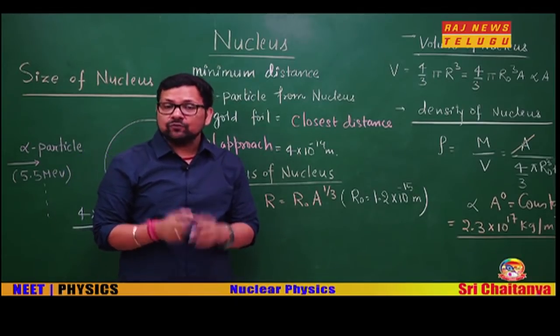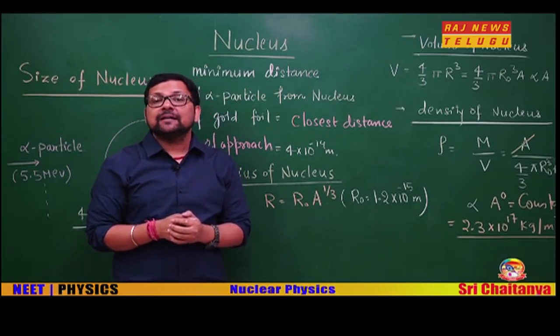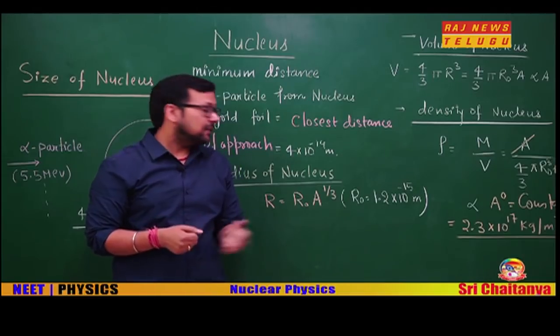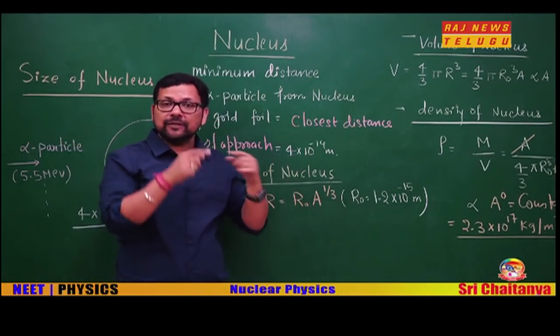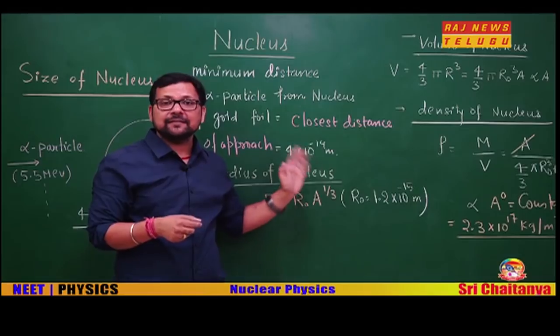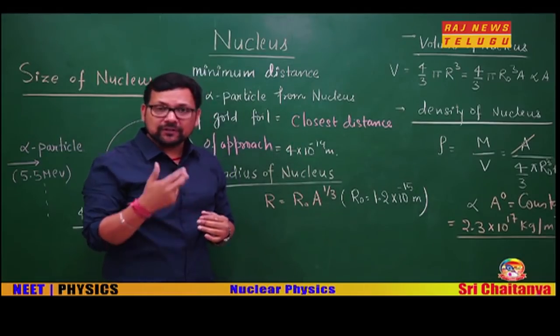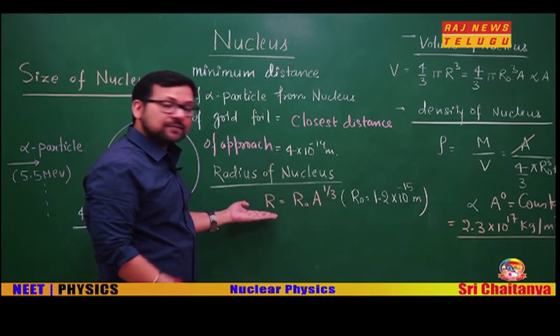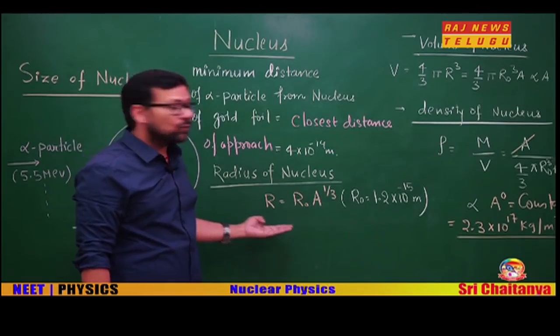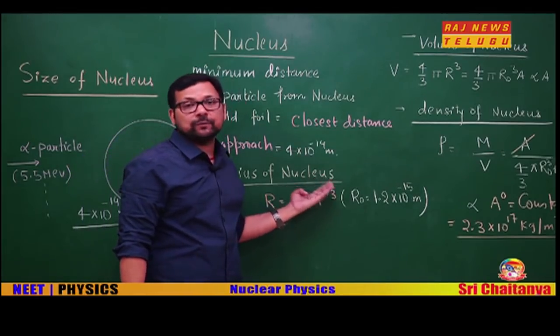Having said that, one thing is very clear, that the nuclear radius is at least less than this, which was further calculated as the formula R equal to R naught A raised to power 1 by 3.